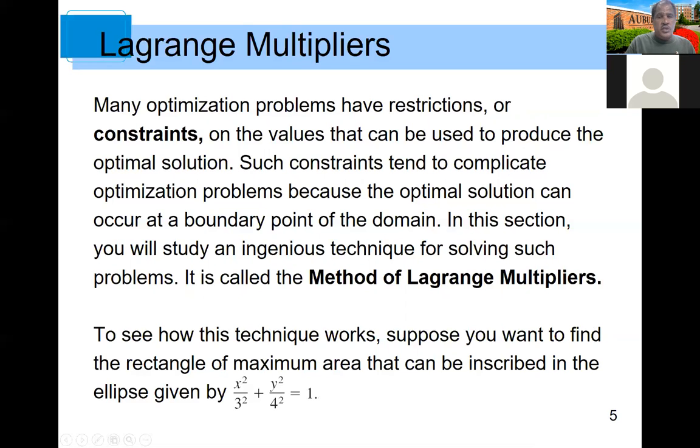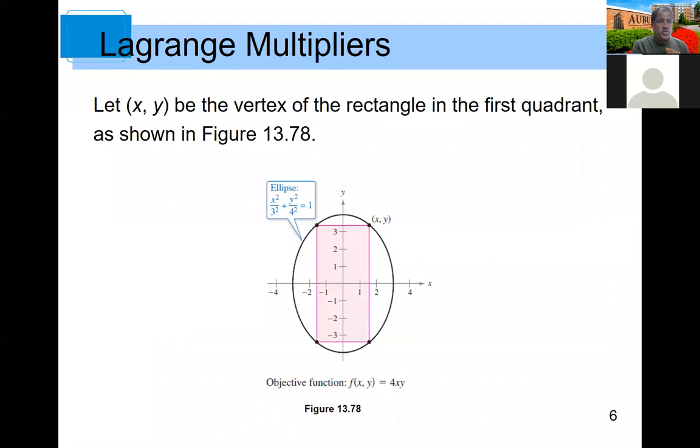Now, to see how this technique works, suppose we want to find the rectangle of maximum area that can be inscribed in an ellipse. A rectangle is said to be inscribed in an ellipse if all four vertices of the rectangle are on the ellipse, like in this picture.